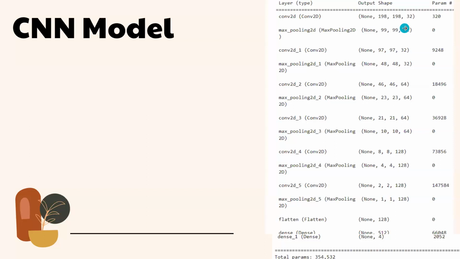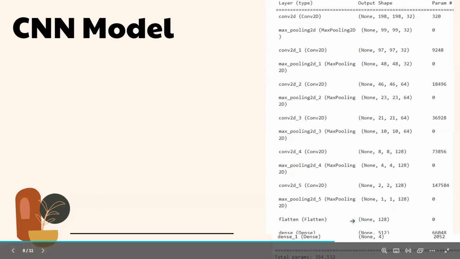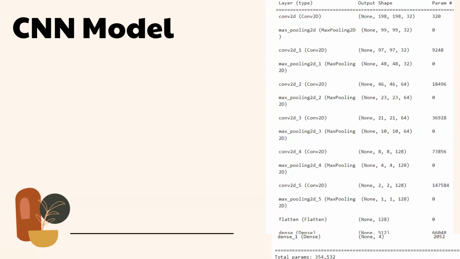The first layer has a size of 32, with input and output size 119 by 198, and 32 neurons with simple pooling. We created two convolution layers of 32, then two with 64 neurons, and another with 128 neurons, ending with the flattened layer and dense layers, creating a total of about 300,000 parameters. And these are the final results.